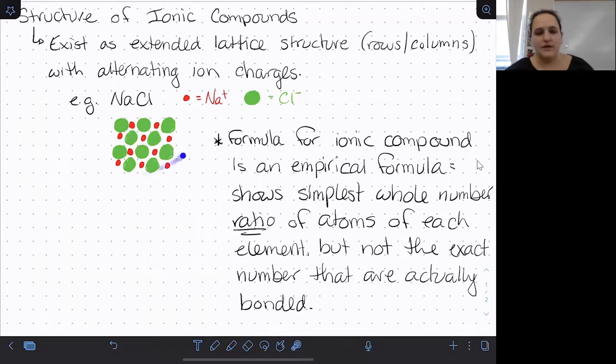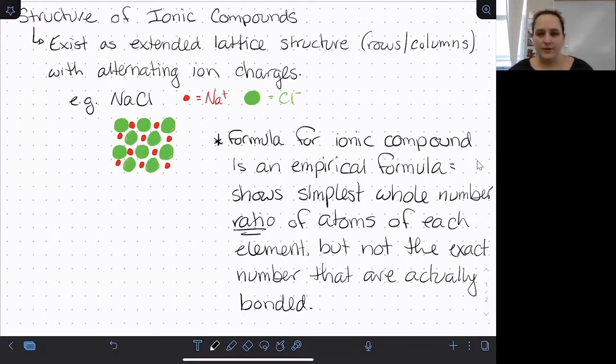So in this diagram here, every place where you have a positive next to a negative, a sodium next to a chloride, is an ionic bond. There's an ionic bond here, here, here, here, here. You get the picture that every place where there's an attraction between ions is an ionic bond.